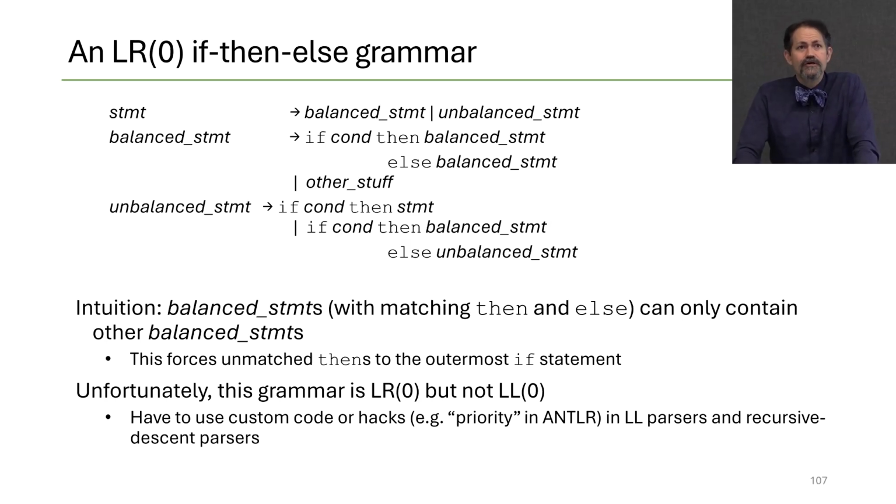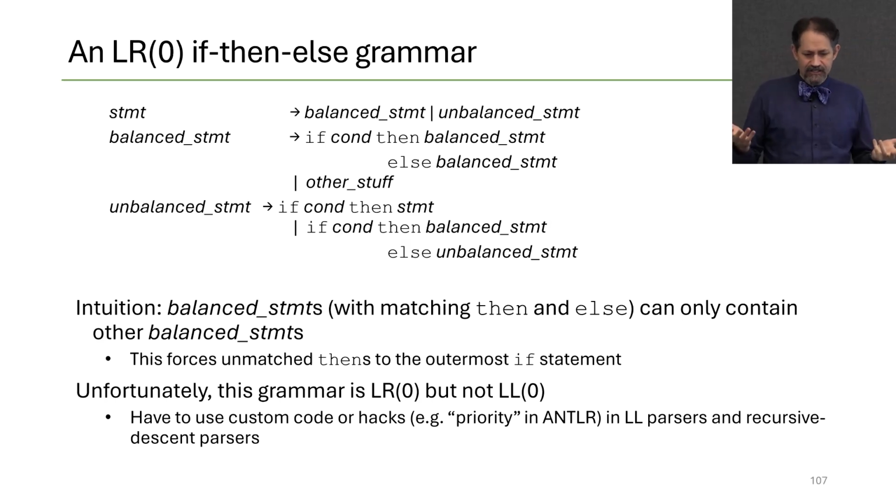So you can use custom code to look ahead and see which way you want to go with the grammar, or you can use hacks. There's a notion called priority in ANTLR, for example, which is an LL parser. Priority happens to be exactly the opposite of precedence, so it's a little bit confusing, but it does work if you know how to use it. Priority just says, choose this production over some other production, but it's going to do it greedily when it starts working, rather than choosing between a shift and a reduce later on.